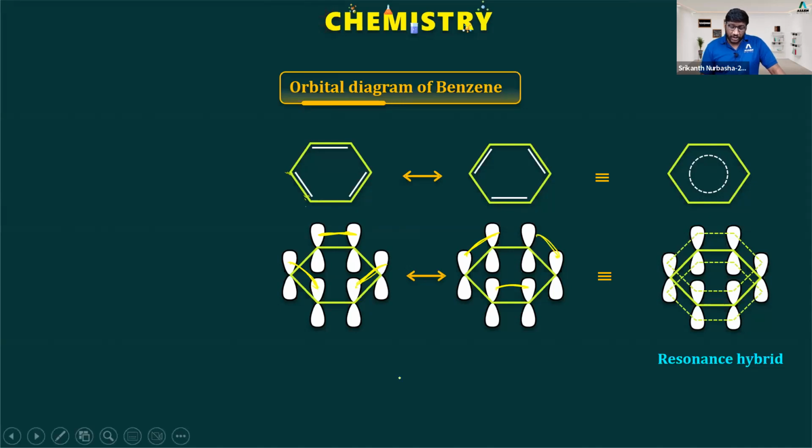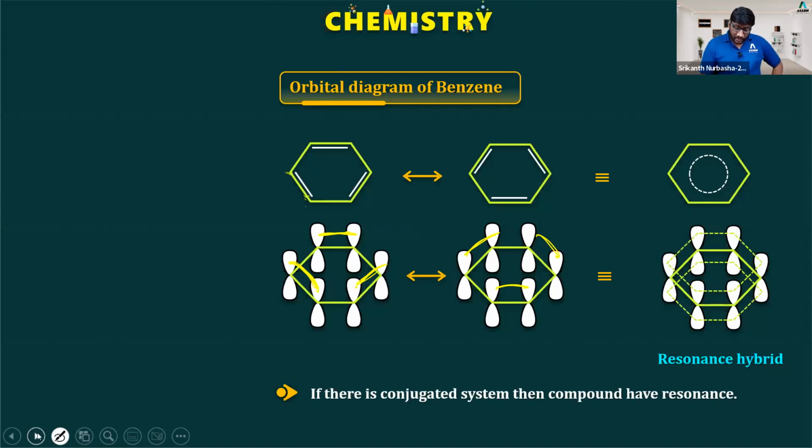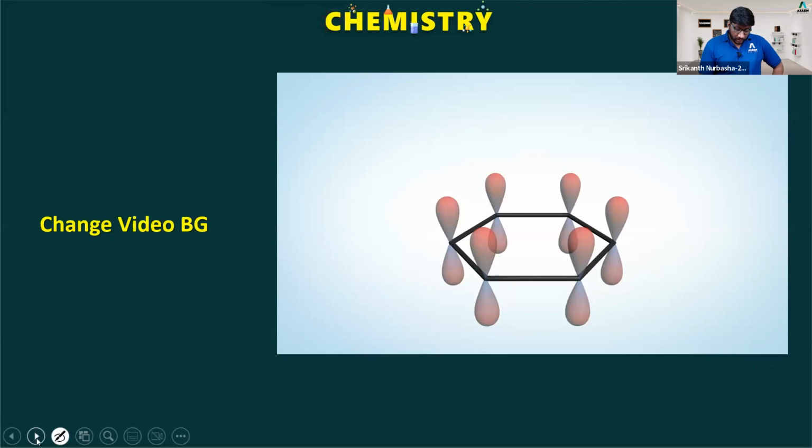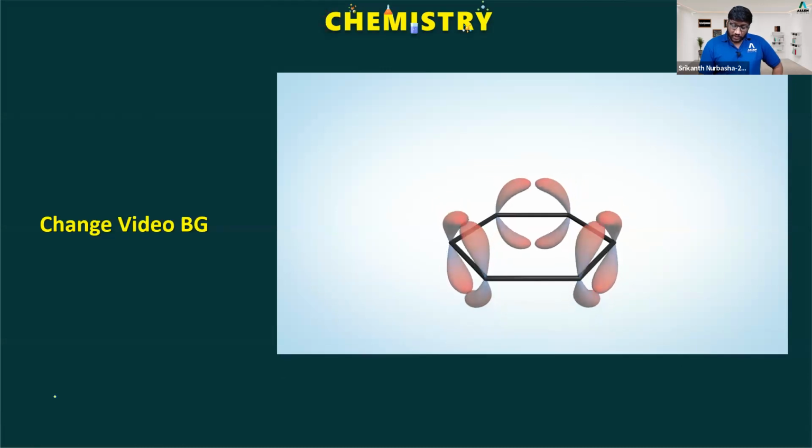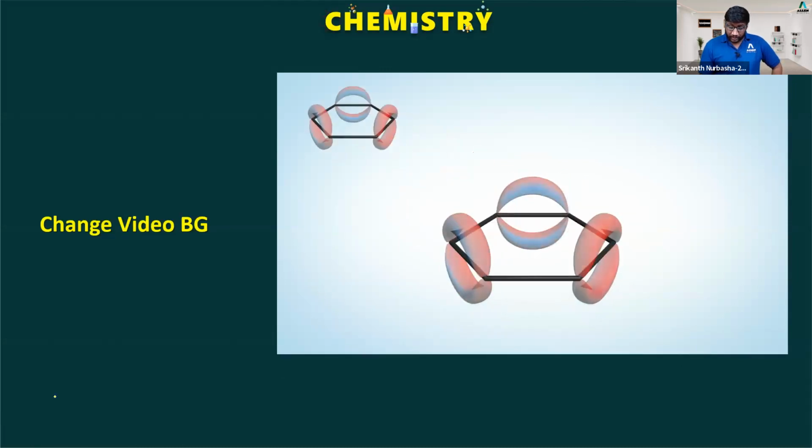We can also ask a question like, sir, if this overlapping is already there, then what is giving the energy to break this overlapping and develop a new interaction? If you try to understand resonance in the orbital diagram picture more, look at this. So this is one overlapping.